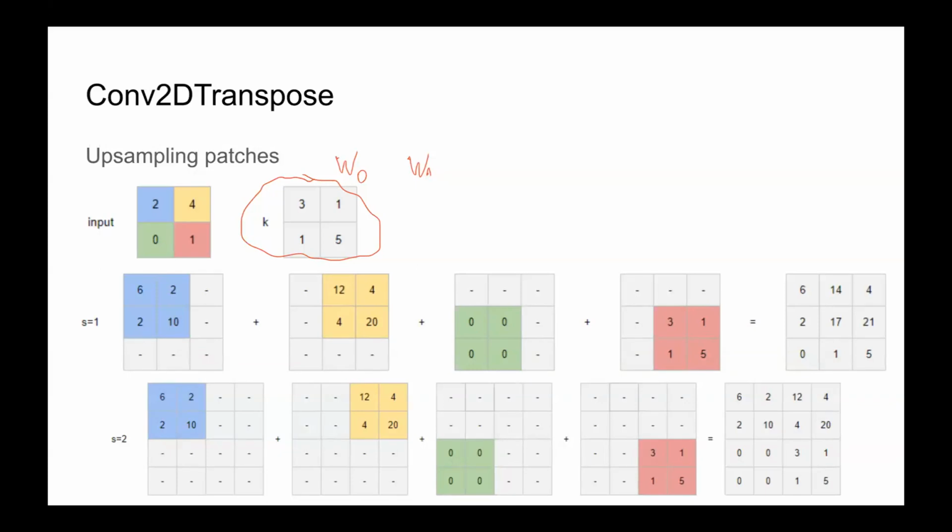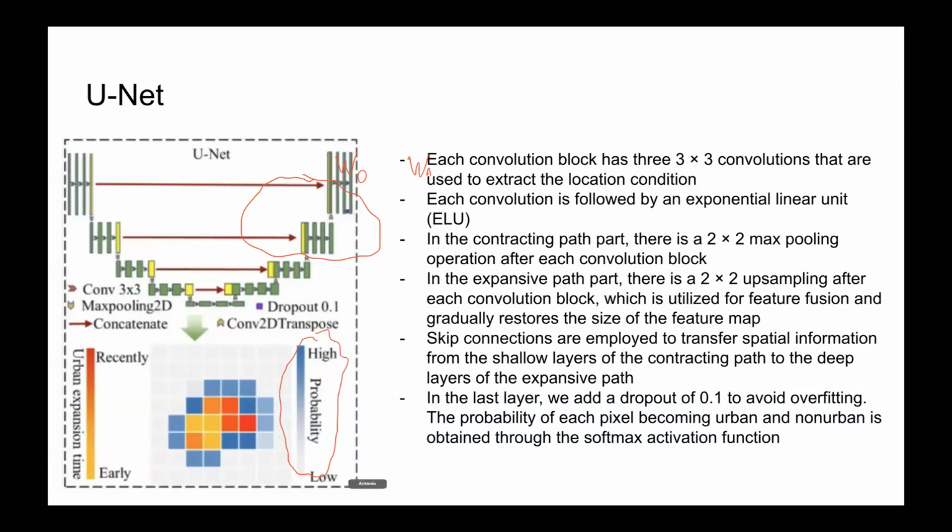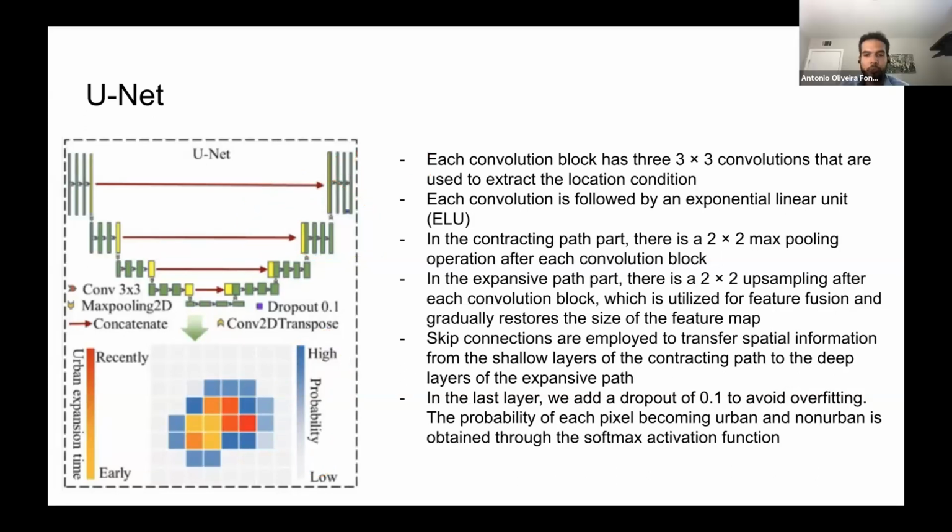But now the output that you're trying to approximate, in our case, is no longer just the image per se, but rather the probabilities associated to each one of the pixels. That's what we're going to be trying to optimize. Okay, is that clear? Yeah, thank you.